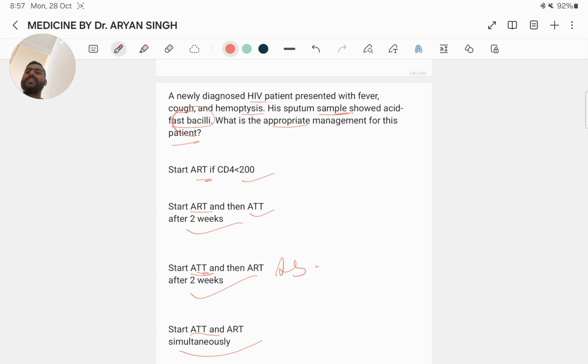Among persons living with HIV with TB meningitis, ART should be delayed for at least 4 weeks and initiated within 8 weeks. After treatment for TB meningitis is initiated, patients with HIV-related TB may experience a temporary paradoxical exacerbation of symptoms and radiographic manifestations of TB after starting ART, called IRIS. This occurs as a result of immune reconstitution due to the simultaneous administration of ART and ATT.